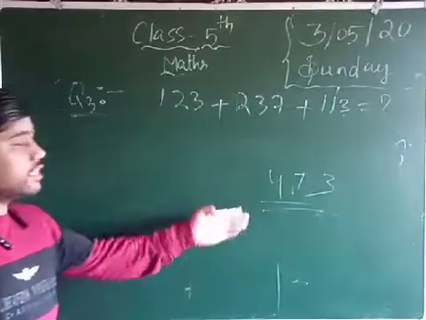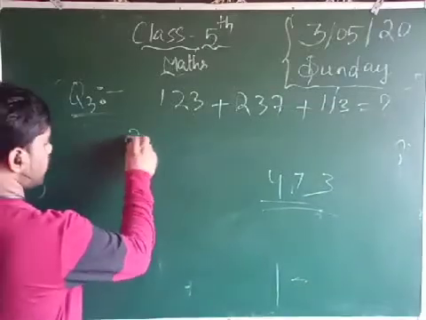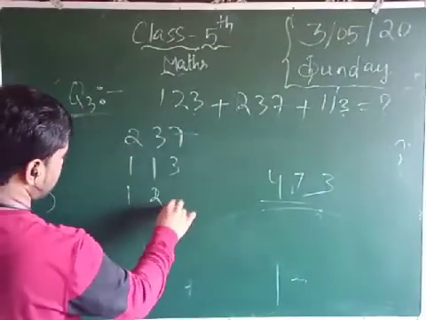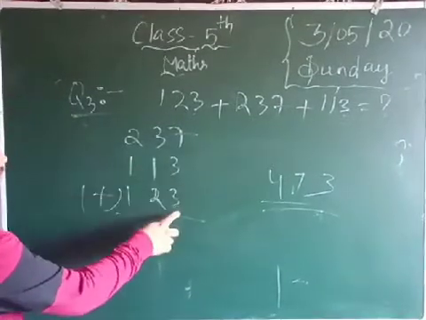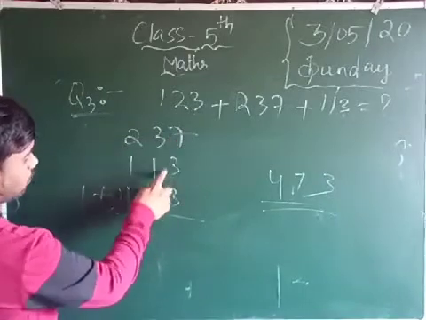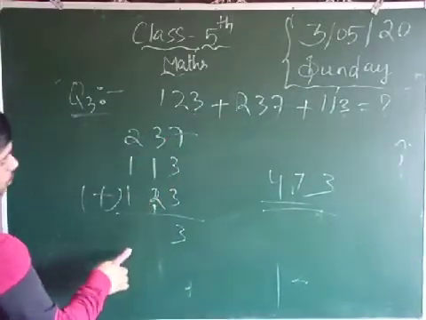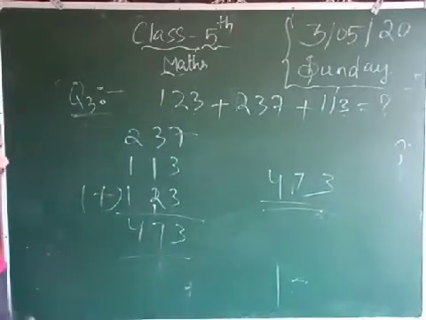Now this is how you can solve directly in series. Now let us see how it looks in columns. 7 plus 3 is 10, 13. Sorry, not 7 plus 3, it's 3 plus 7 is 10, and 13. 3 plus 1 is 4. 4 plus 2 is 6, and 1 is 7. Now 4, the same.